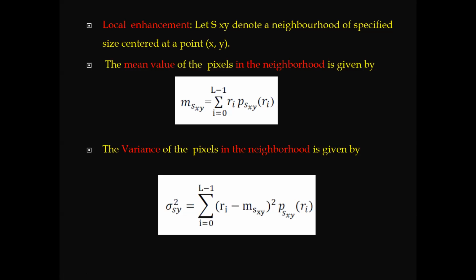S x y indicates the neighborhood. In the last equation we have a small mistake; it is sigma square S x y. So these are the two formulas we have: m S x y, the mean value of a neighborhood, and sigma S x y square, the variance of a neighborhood.